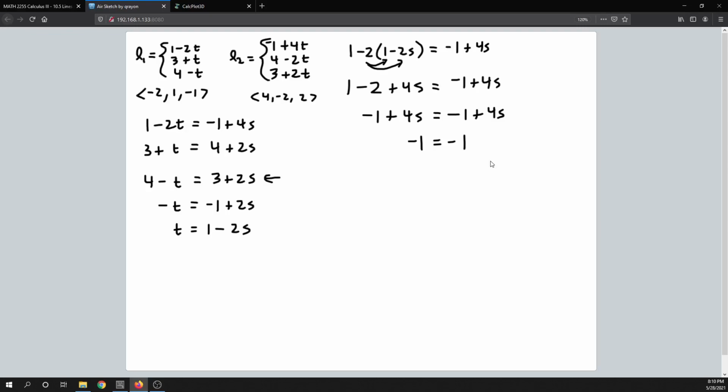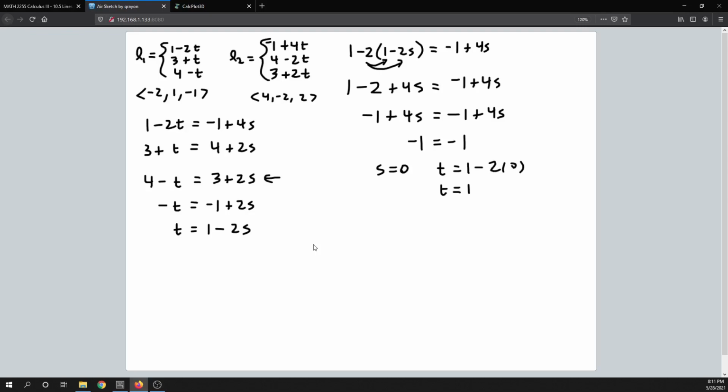So if we just pick a value for s, I'm going to pick s equals 0. And if I take 0 and plug it in for s, I get, into this 1 minus 2 times 0, t equals 1.